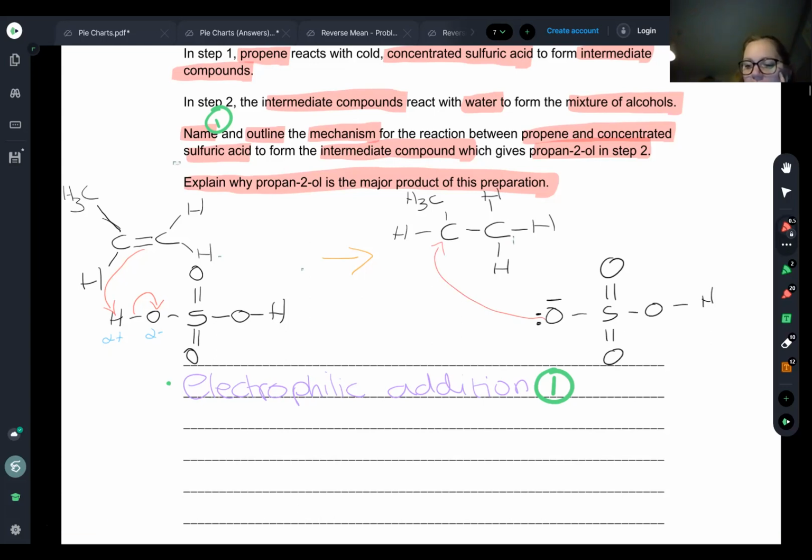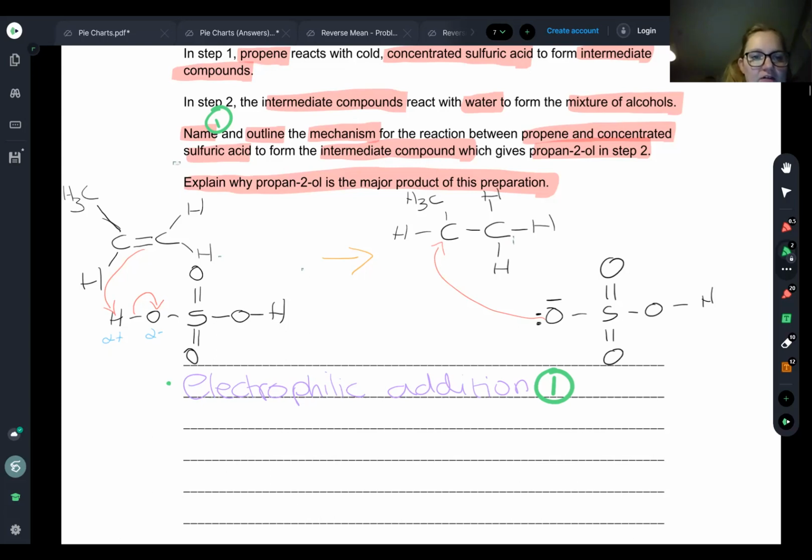Okay. I'm just going to talk through where the marks are for this part and then do that last little bit, which will then explain why propan-2-ol is the major product. So second mark. We've got our first mark here. Our second mark is going to come from our curly arrow from our carbon-carbon double bond towards the hydrogen of the hydrogen and the oxygen on your sulfuric acid that you've drawn.